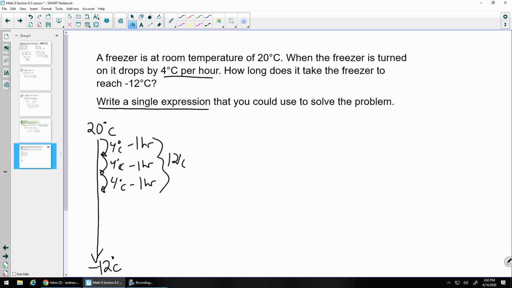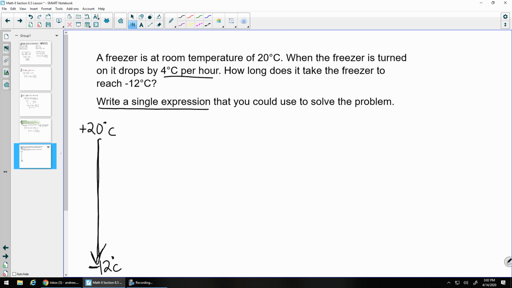Okay, so we're figuring out, well, how much is it going to be dropping? And how many of these 4 degrees Celsius drops are there in this amount? So if we wanted to write one expression, one thing you could do is figure out how many degrees difference there is between positive 20 degrees Celsius and negative 12. What is the difference?